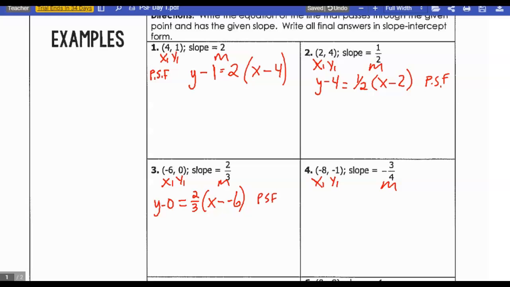So that's my point slope form. And now I simplify. On this one, if I want to leave it in point slope form, I'll leave this 0, because that tells me that my y1 is 0. These two negatives become a positive.